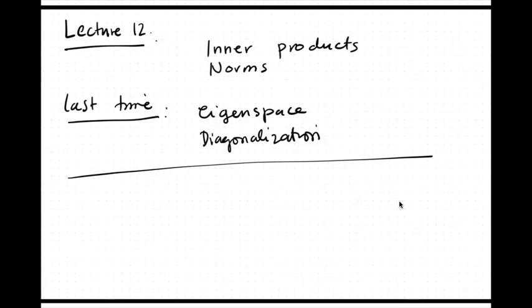So in the previous discussion, we have not considered the notion of length and angle in our space R2 and R3.